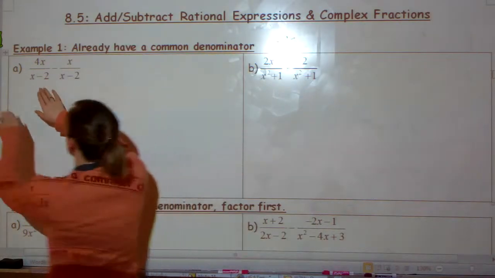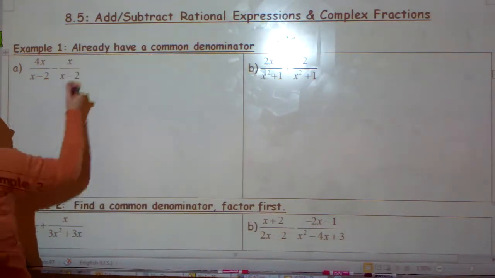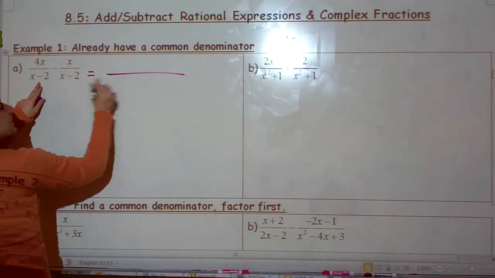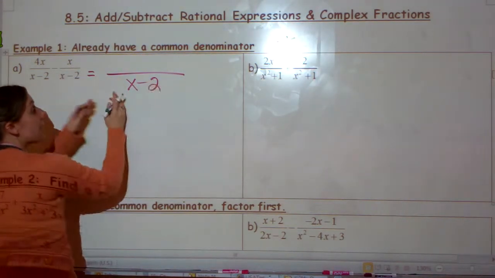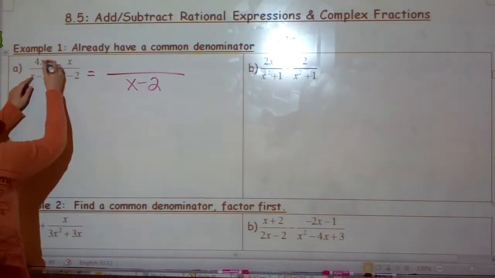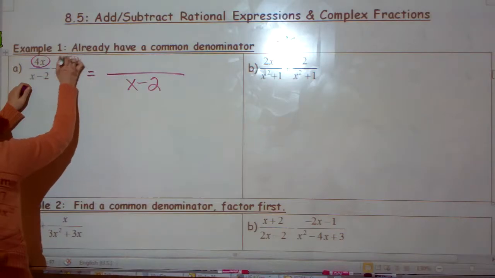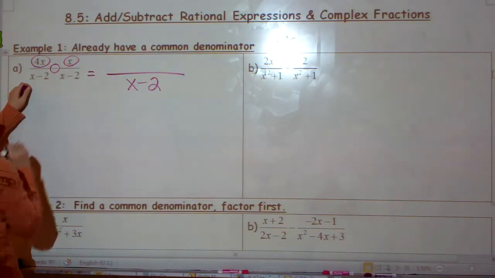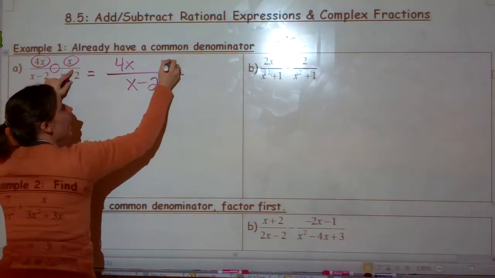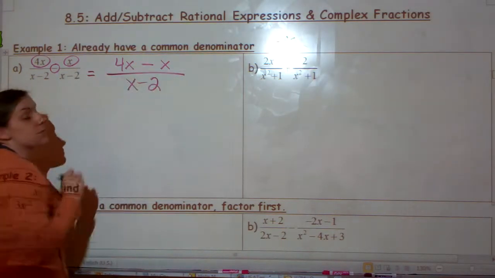We just go through, we say, okay, these are both x minus 2. So that really means that this is the common denominator. So I like to write it as just one denominator, and then that means these are in the numerator along with our sign right there. So that means that it's just 4x and x, and we are subtracting.